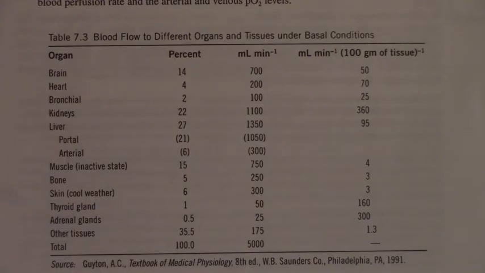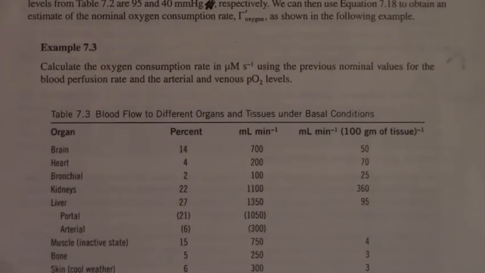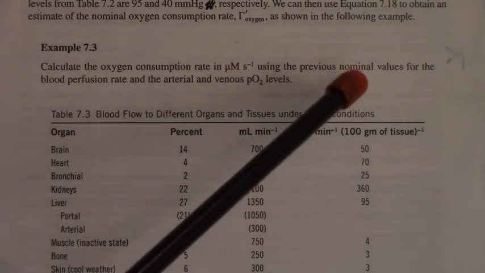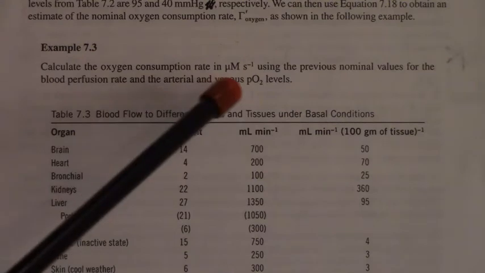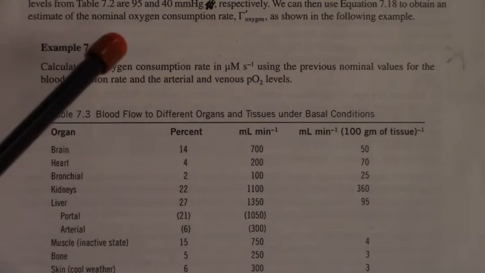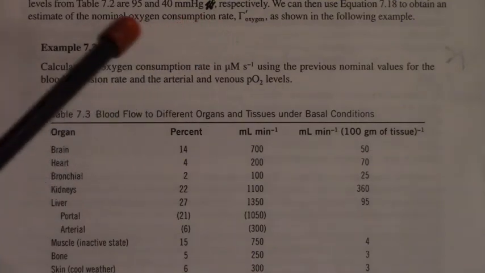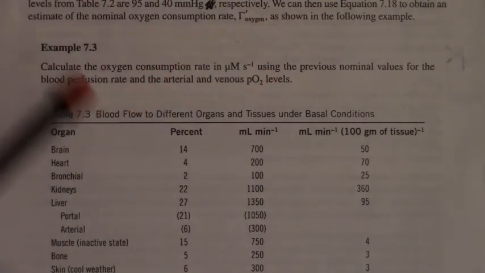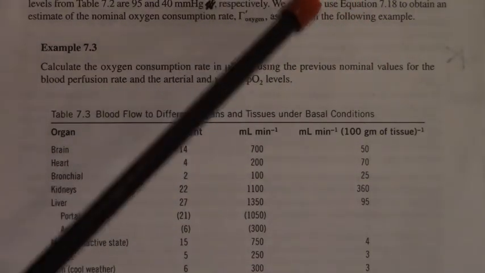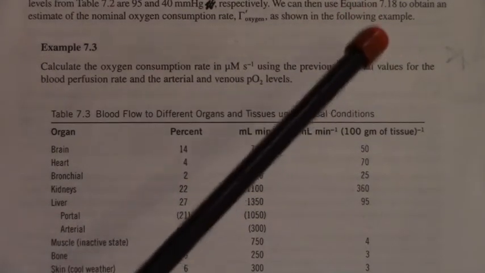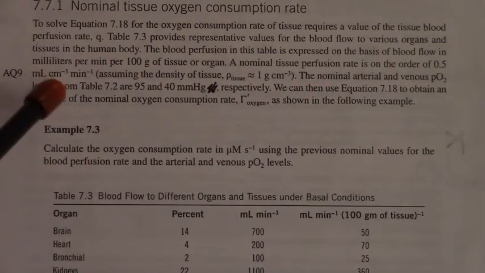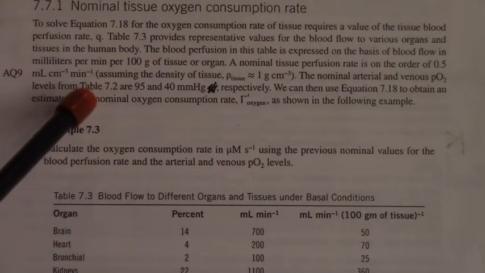And in example 7.3 it says calculate the oxygen consumption rate in micromoles per second using nominal values for the blood perfusion rate and the arterial and venous PO2 levels. So if you go to table 7.3, just in a ballpark sense, a nominal tissue perfusion rate is on the order of 0.5 milliliters of blood per cubic centimeter of tissue per minute.